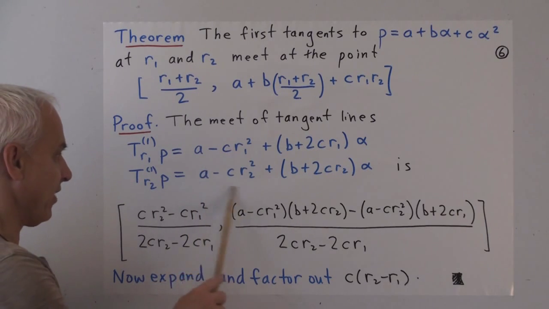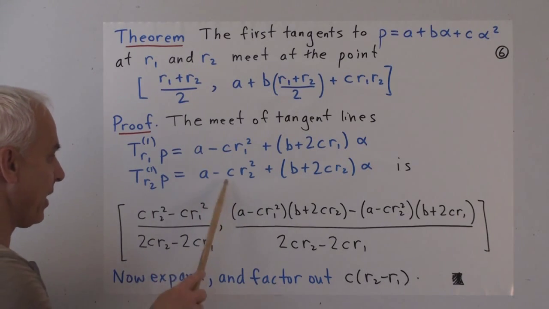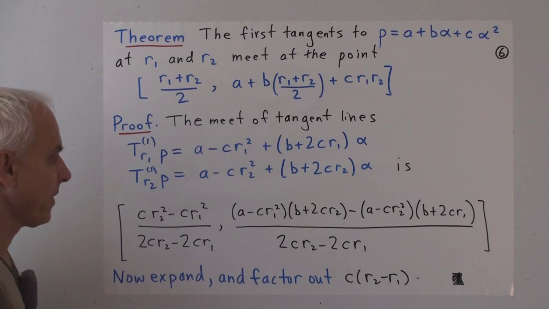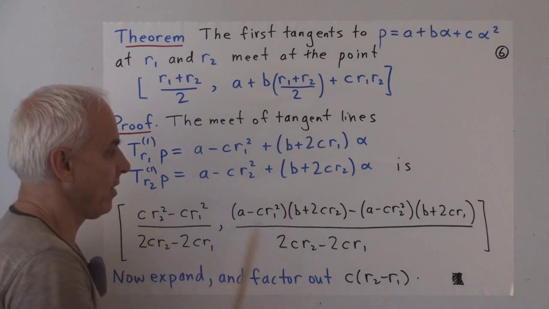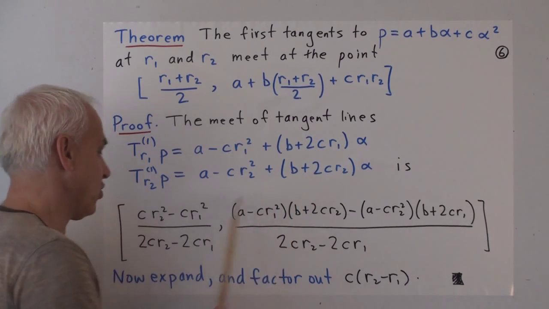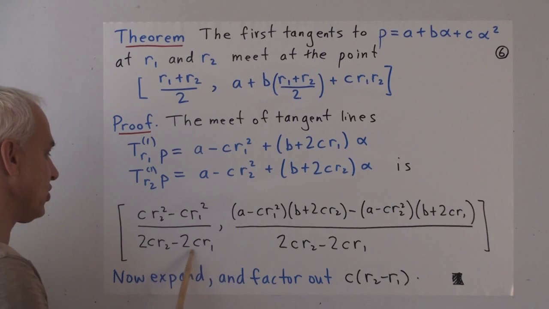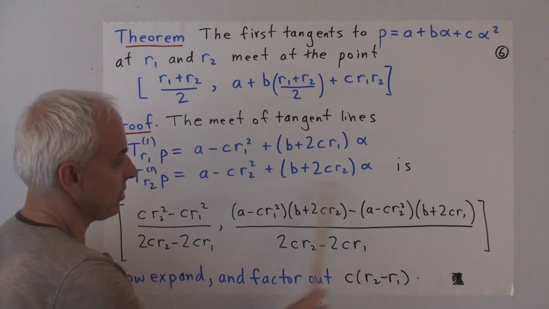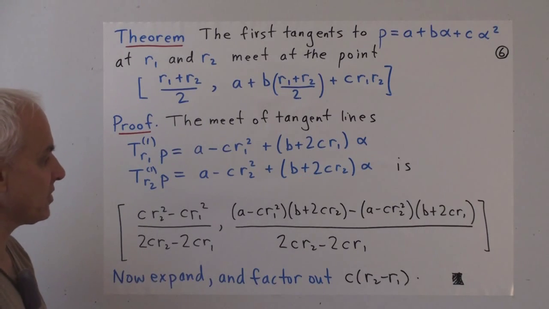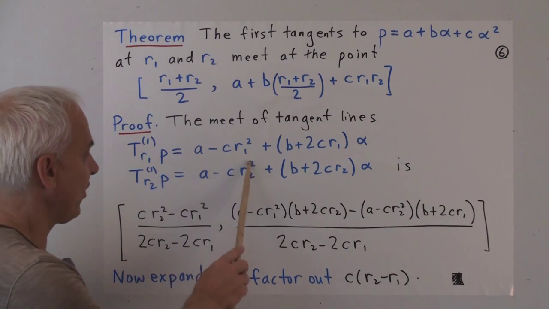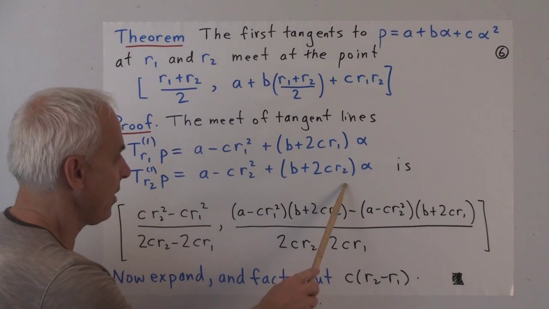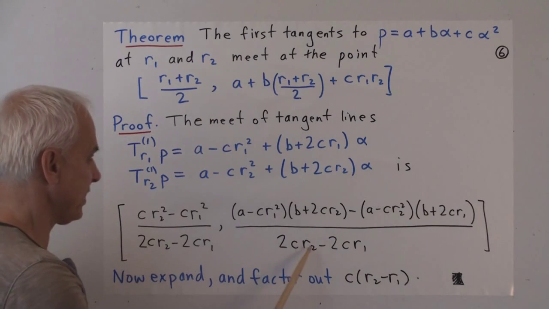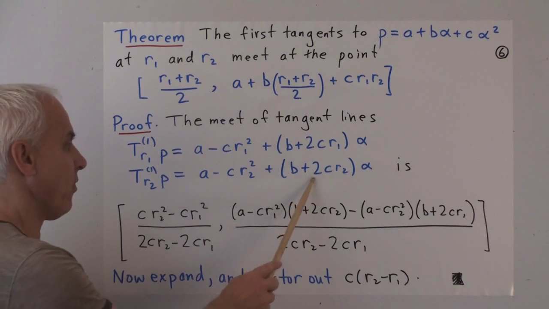All right, what is this minus this? Well, the a's cancel, and we get C R2 squared minus C R1 squared. And what is this minus this? Well, now the b's cancel, and we get 2C R2 minus 2C R1. And the second term, the second coefficient, is this thing times this one, there it is there, minus this times this, all over that same denominator that we had before, this minus this.